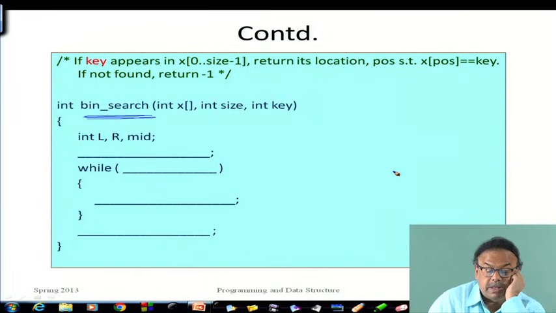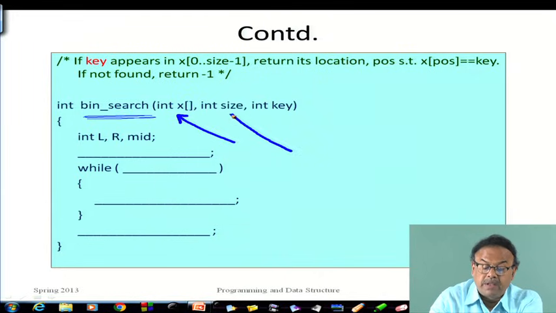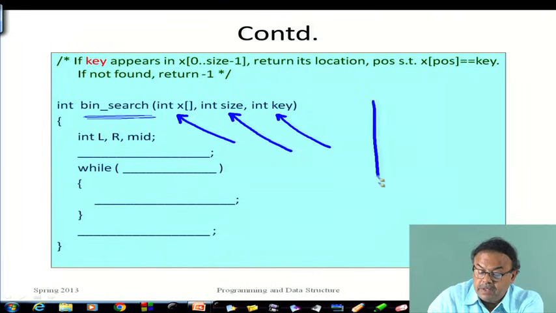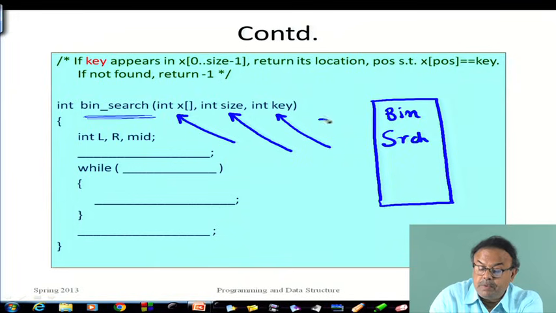And what are the parameters? Let us see. The parameters are: one, the array that is being passed, the list that I have to search; I also need the size of the array, and I need the key. So, these are the three things. The inputs are the list or array, which is x, the size, which we are calling n right now, and the key.